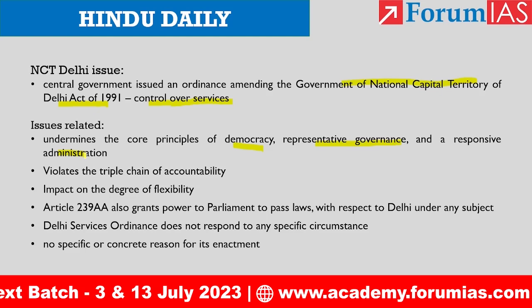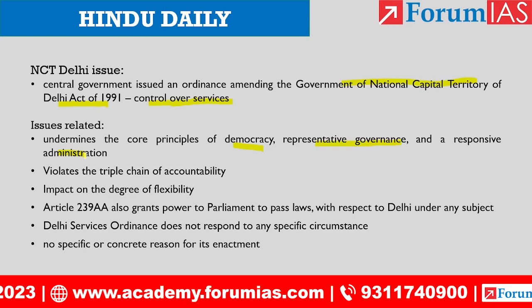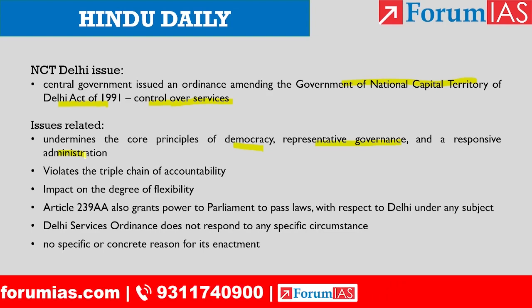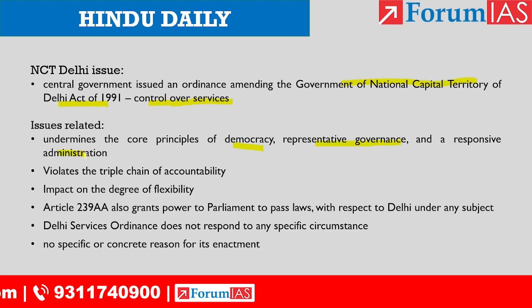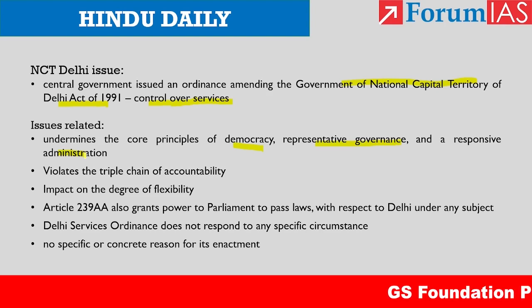In its judgment in May 2023, the Supreme Court explicitly recognized this by formulating the concept of triple chain of accountability. See, the triple chain of accountability is integral to representative democracy. That is, civil servants are accountable to the cabinet, the cabinet is accountable to the legislative assembly, and the legislative assembly is accountable to the electorate.